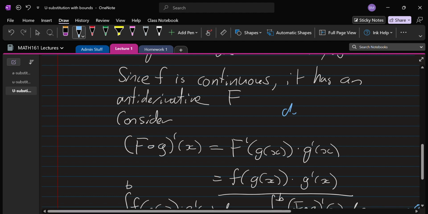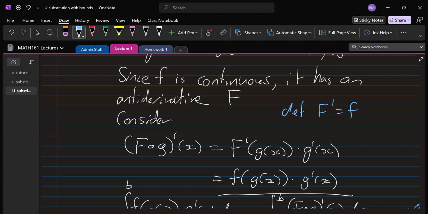So capital F is the antiderivative. The derivative of the antiderivative is the function. So by definition, capital F prime is f. That's the definition of the antiderivative. Anything else?